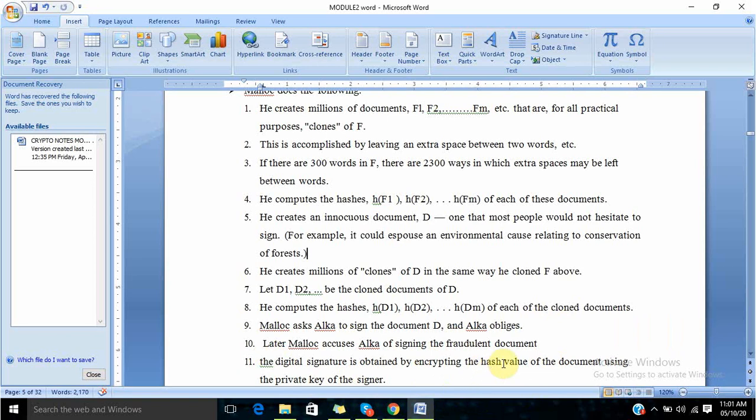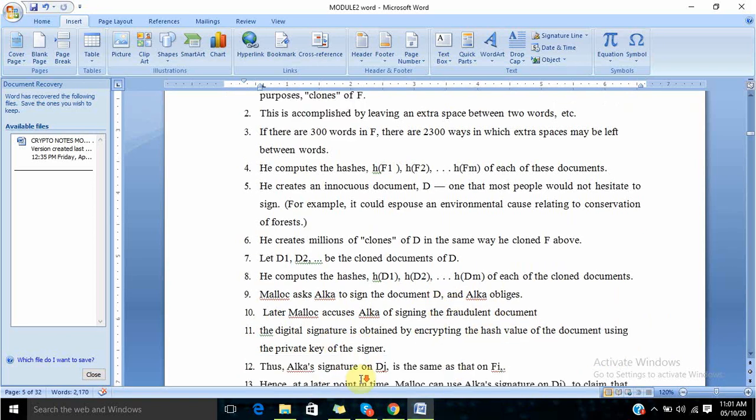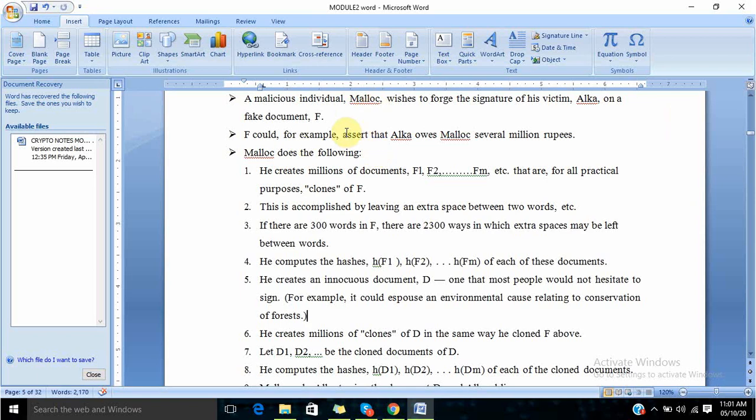He will use the digital signature, which is obtained by encrypting the hash value of the document using the private key of the signer. So he will obtain the private key of Alka and sign himself, then tell that Alka has signed the fraudulent document, which says that Alka has to give Malloc several million rupees. Obviously, this fake document will have been signed by Malloc, not by Alka.